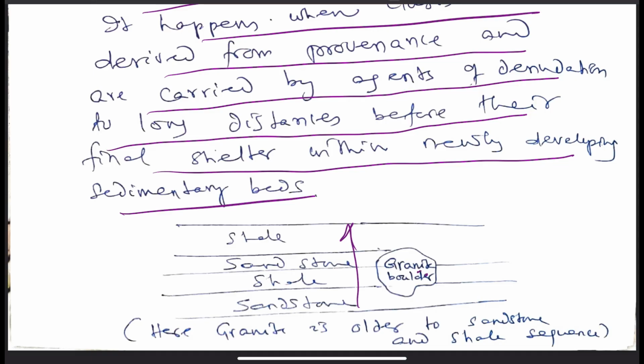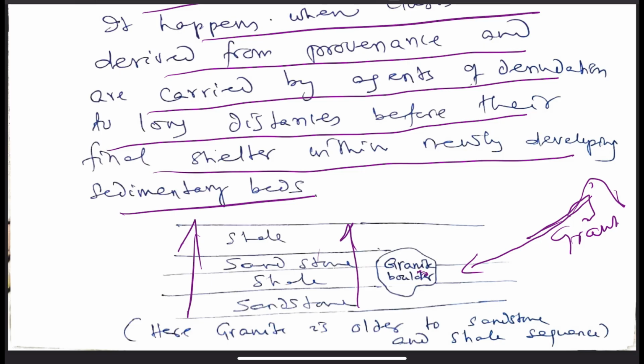This granite boulder has been derived from this source area, a granitic source. So from there it has been derived. So this granite was existing before this sedimentary sequence was deposited.